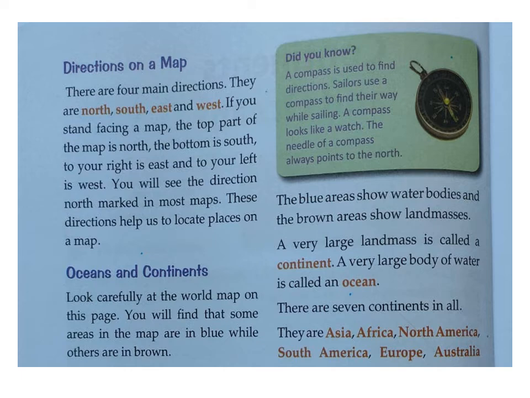These 7 parts are called by different names, and they are called continents. In the world map you can see Asia, Africa, North America, South America, Europe and Australia, and one more, Antarctica. So there are 7 continents: Asia, Africa, North America, South America, Europe, Australia and Antarctica.